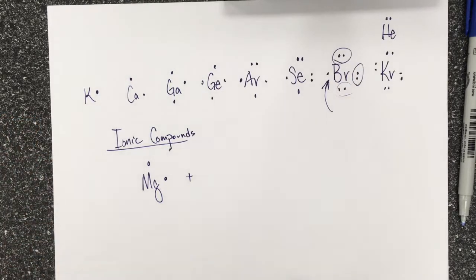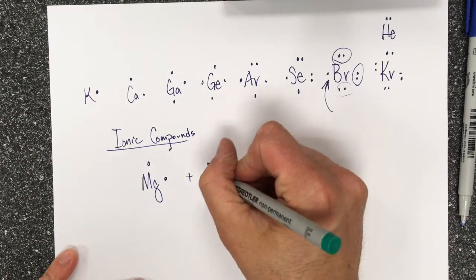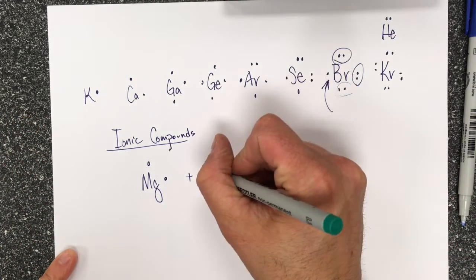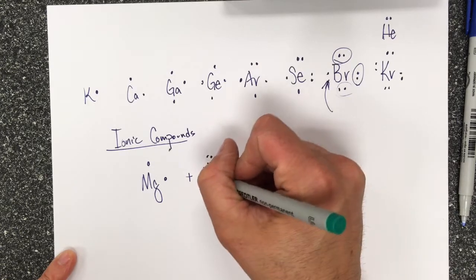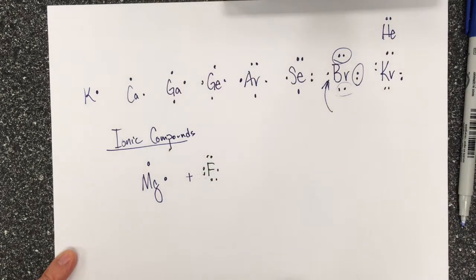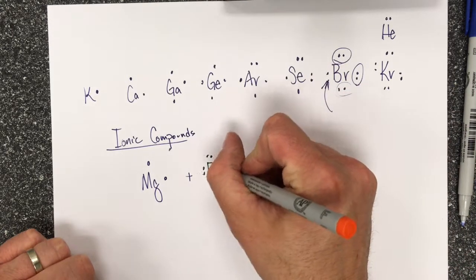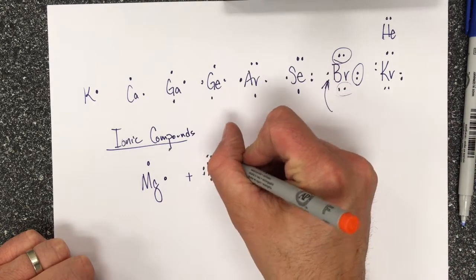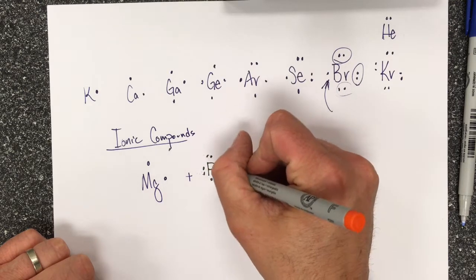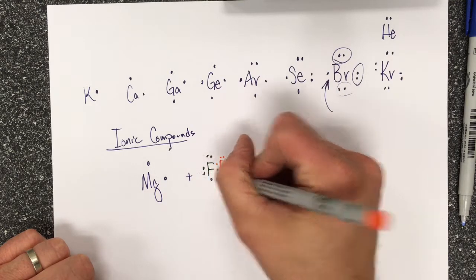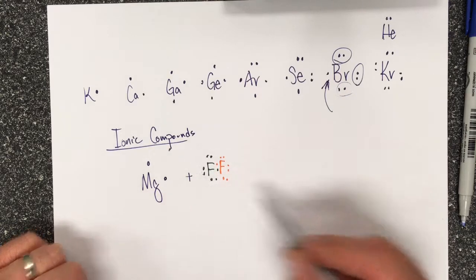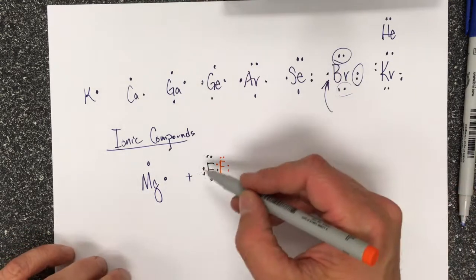Now, fluorine is a diatomic element. A fluorine atom has 7 valence electrons, and it is bonded to another fluorine that has its own 7 valence electrons. And this fluorine is a molecule. So it's a molecular element.